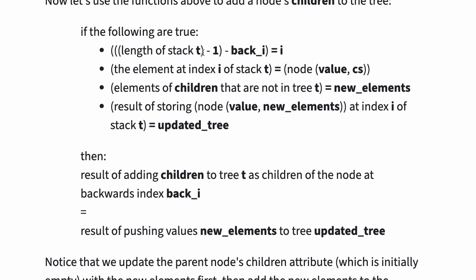If the length of stack T minus 1 minus back I is equal to I, and the element at index I of stack T is the node with value and CS, and elements of children that are not in tree T are new elements, and the result of storing node value new elements at index I of stack T is equal to updated tree, then the result of adding children to tree T as children of the node at backwards index back I is equal to the result of pushing values new elements to the tree updated tree.